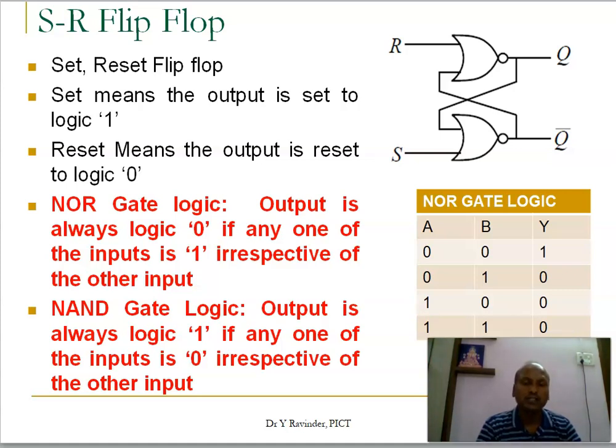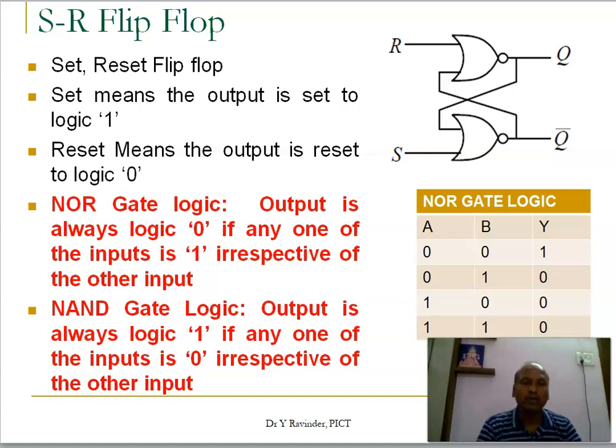We've also tried to understand the difference between a latch and a flip-flop. In a latch, the output changes at any instant of time, or during the clock on period, whenever the input changes. So the output of a latch changes as soon as the input changes during the clock period.